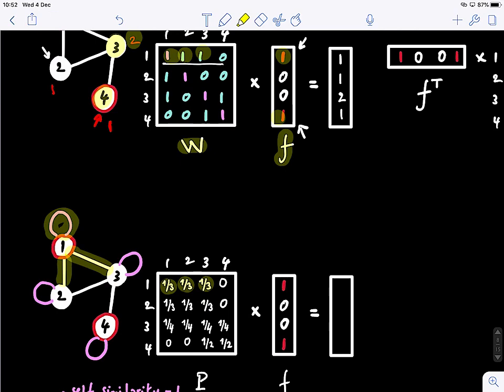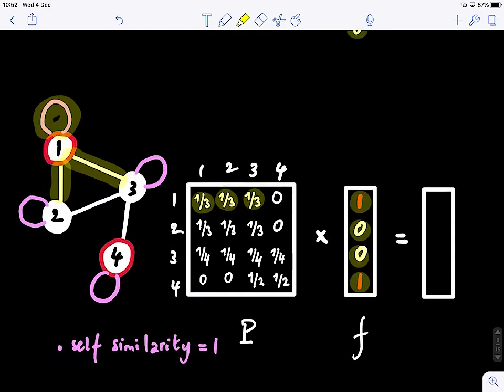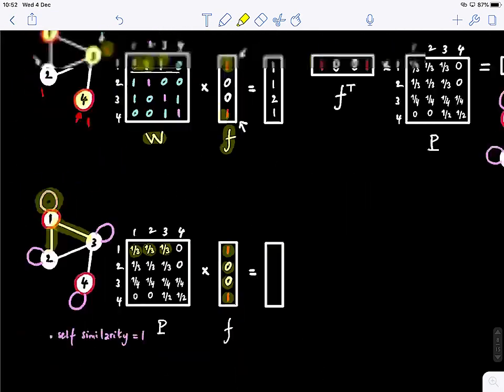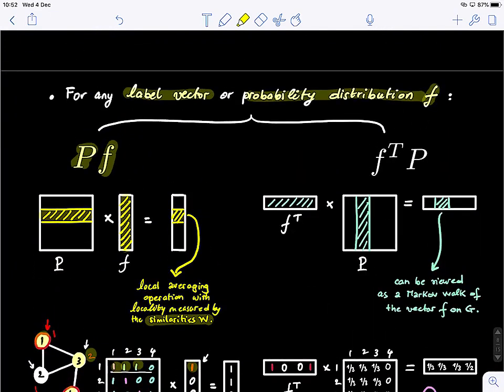And then the same for node 2, etc. So this is the P matrix we get. And then if we multiply, you will see that when this operates on P, it also acts as a local averaging, and you guys can do the calculus, okay? Great. Now, on the other hand, we have a similar operation that can mimic diffusion, because these two actually can encode or simulate diffusion processes on graphs.